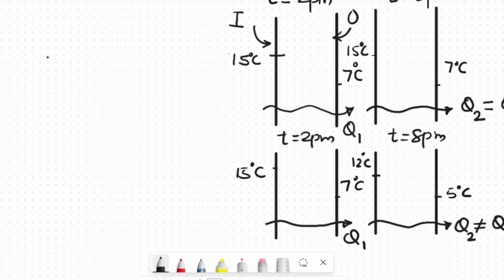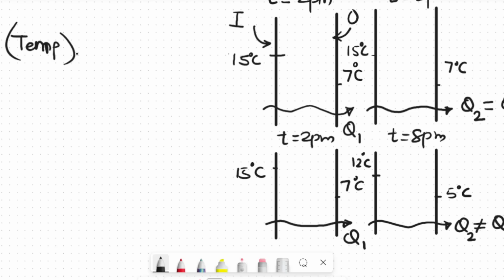Now, the observation that we can get from the first example is that the temperature inside the wall is not changing with respect to time. So temperature is not changing with respect to time within the medium.